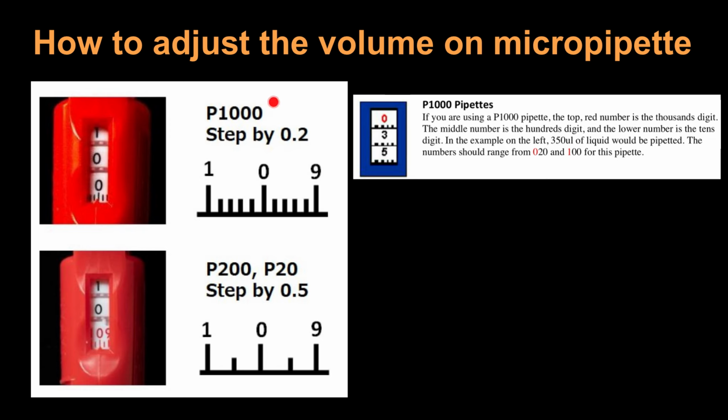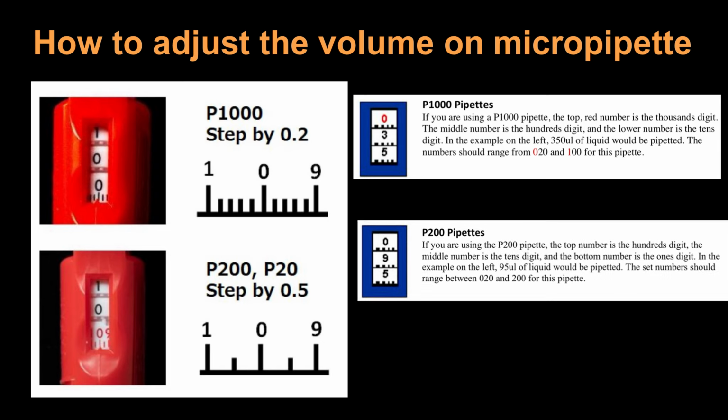We still know that if it is P1000, then we have here 1000 microliters, not 100, but 1000 microliters or 1 milliliter.